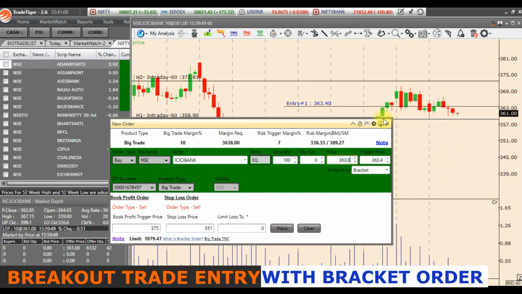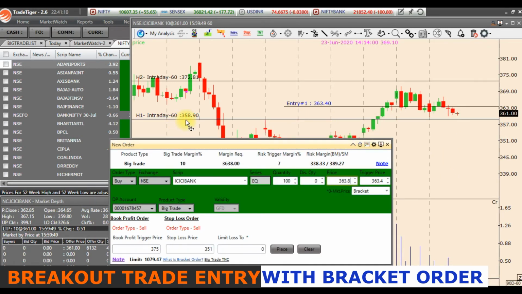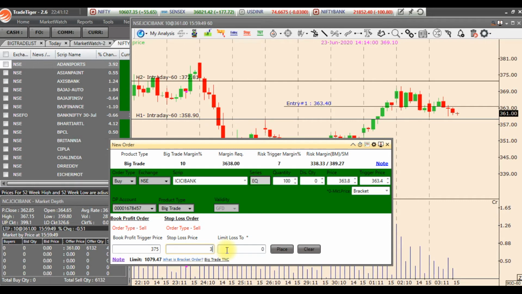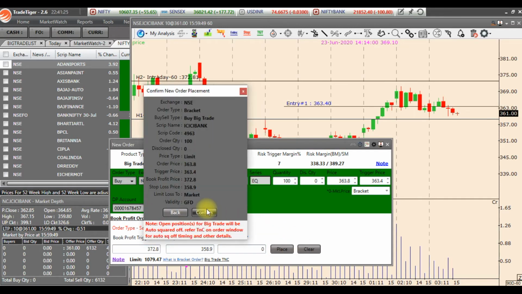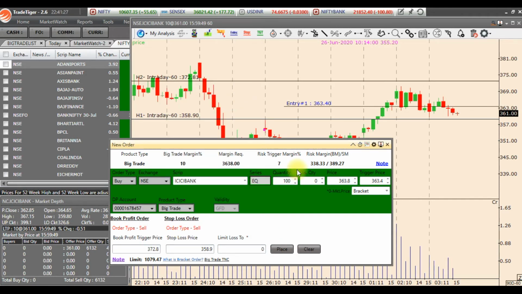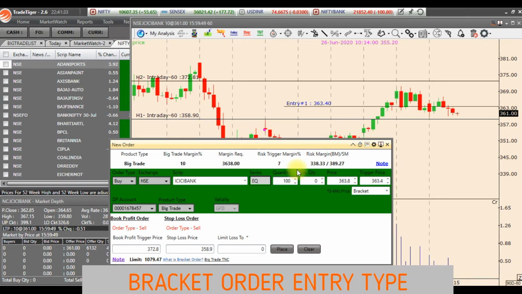So here the stop loss you should modify. You can modify the stop loss to 358.9 and the target is 372.8. Just go and place it. So there are three types of bracket orders. One, the limit bracket order, where you're entering with a limit with a stop loss and target.